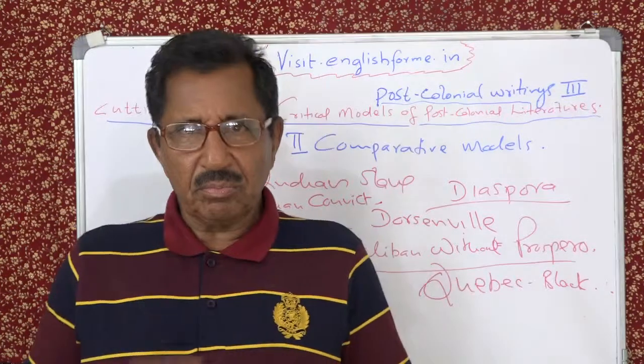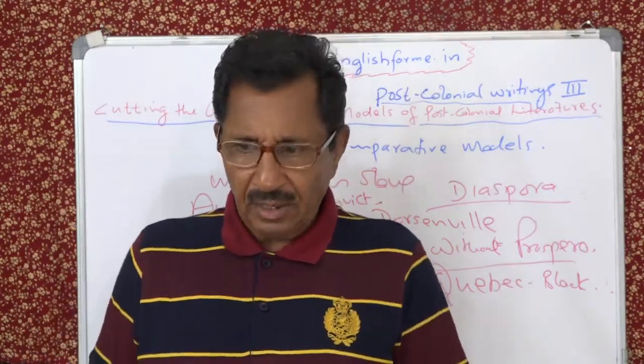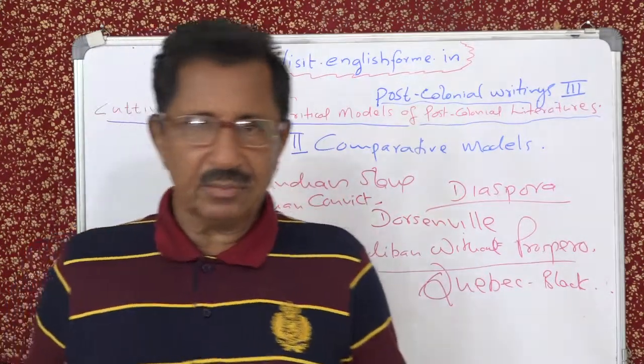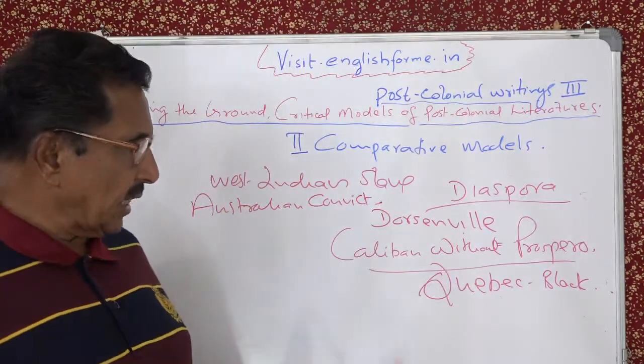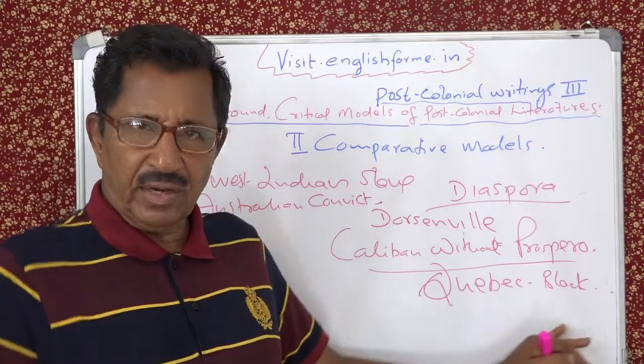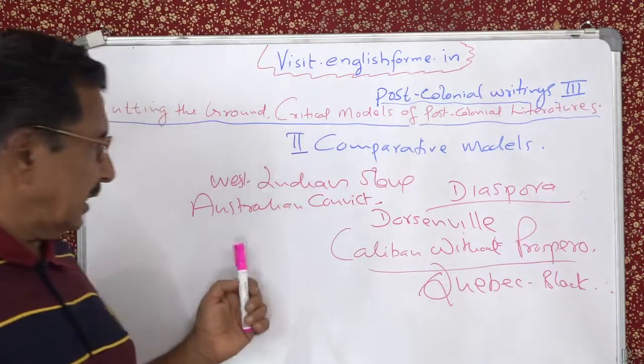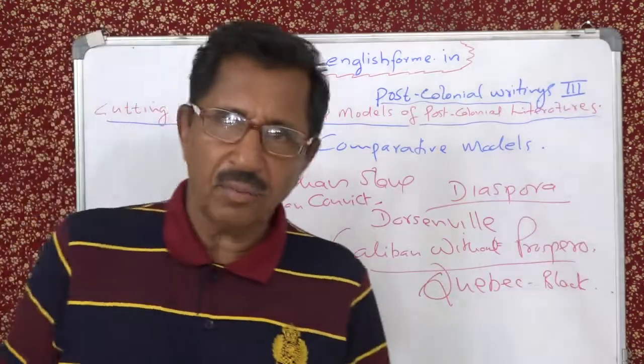And then the third is black, white, black, and so on. The famous author is Dawsonville, and the title of his book is Caliban Without Prospero. Studies about Quebec white, and this is black writing. And also you have got West Indian and Australian, that is also black and white.